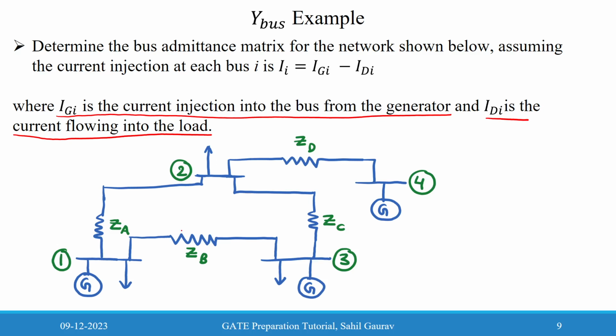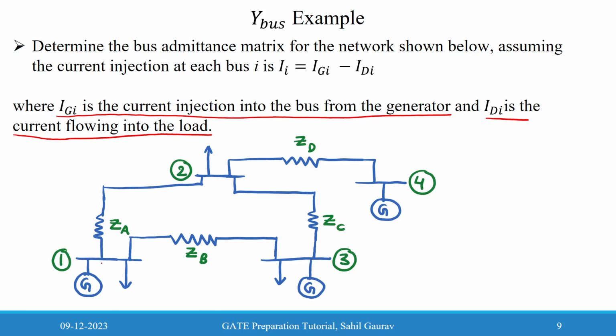So yes, correct, Anil. Assuming this Ii is the current injection at each bus, IGi denotes the current injection into the bus from the generator, and IDi denotes the current flowing into the load. Now we have taken an example having four buses.